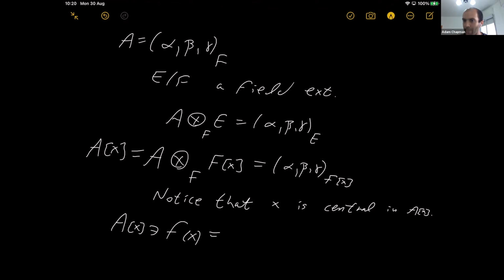And since x is central, it's also in the nucleus of the algebra. You can express every polynomial in this way. So it's a_n times x to the n plus whatever you want, a_1 x plus a_0. Well, these coefficients, they all live in A.